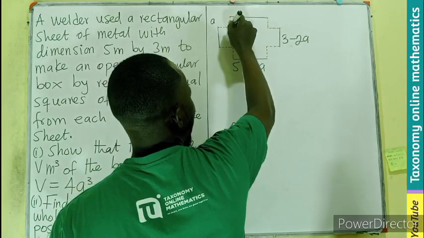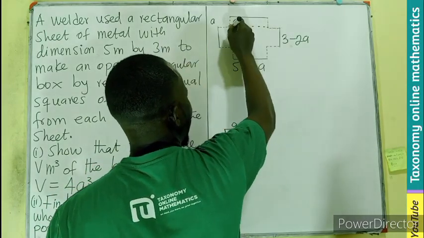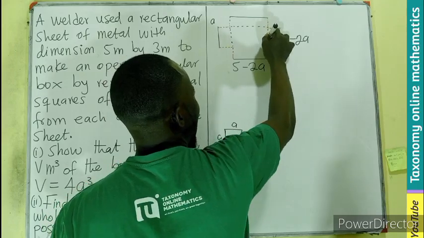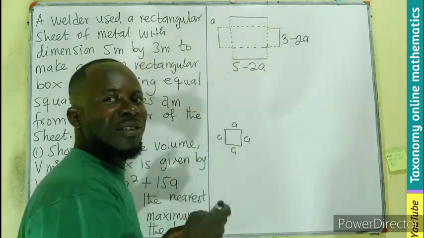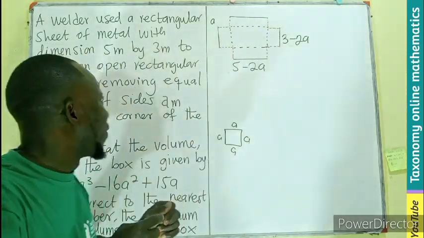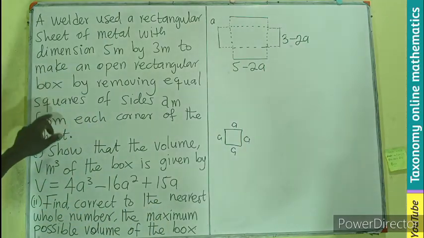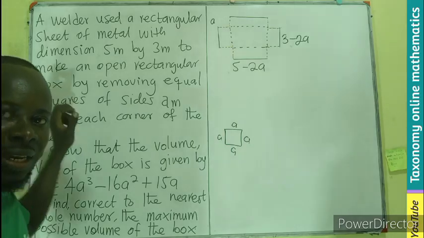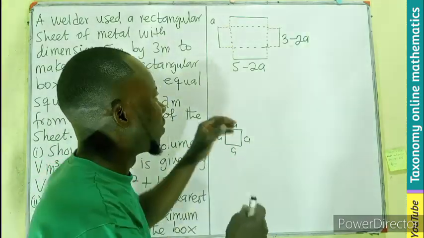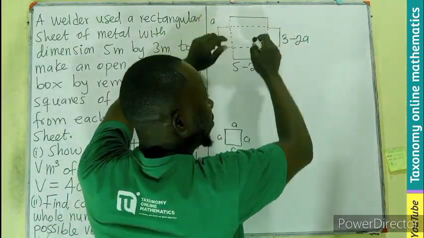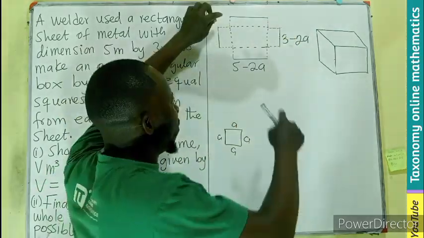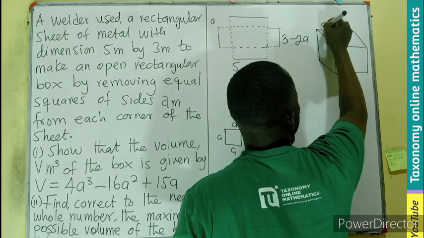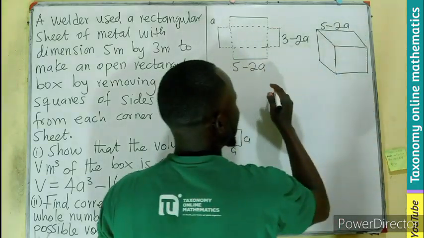Remember, this is the net of a cuboid, and when we fold it up, we are forming an open rectangular box, meaning there will be 5 sides, not 6 sides. If you fold this up, we'll be forming this. Don't forget, our longest side here will still remain as 5 minus 2a.